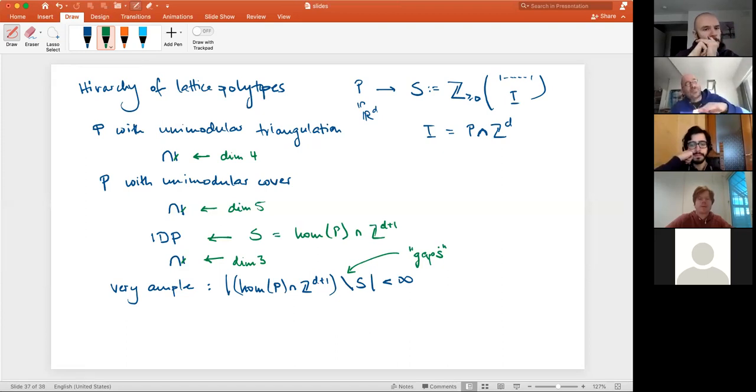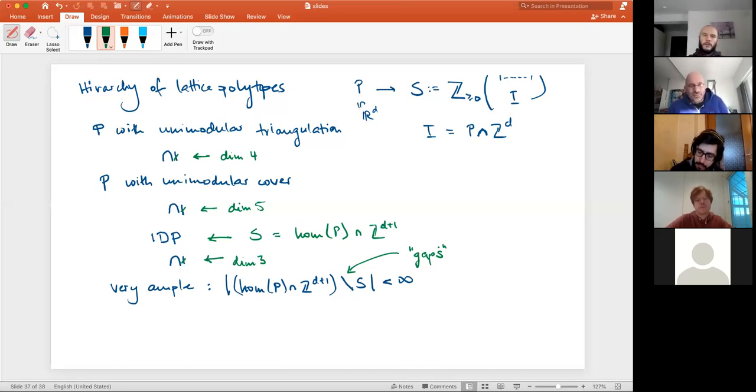But then the typical thing that happens is at height 2 in your Hom cone, you have most of your gaps. And so one question we asked back then is, can these gaps be arbitrarily high, or is there sort of a bound on how large they can be? So if you start computing very ample polytopes that are not IDP, all of your gaps are on height 2 in this Hom cone.